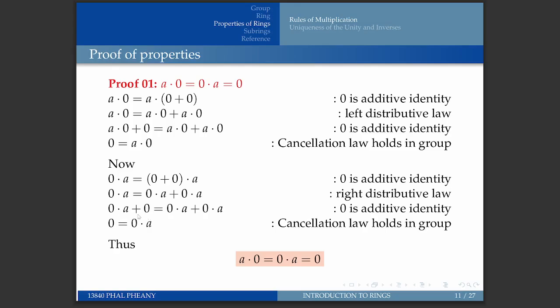So 0 times a plus 0 is equal to 0 times a plus 0 times a. Now using the cancellation law, cancel 0 times a on the right and left side, we get 0 equal to 0 times a. Now from the first part and second part, we get the conclusion a times 0 equals 0 times a equals 0. So we are done with the proof of the first property.